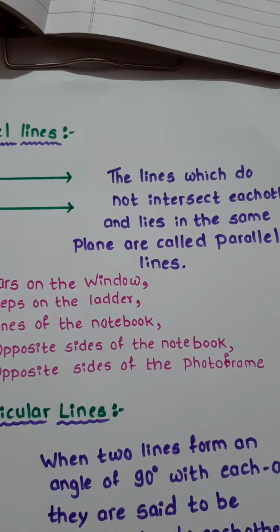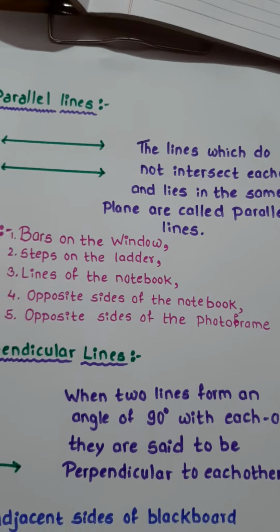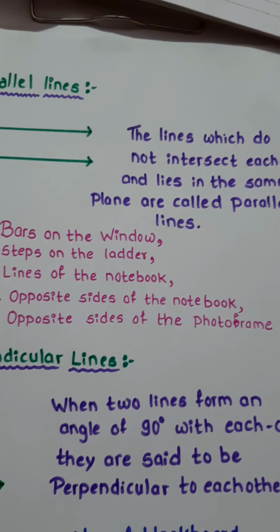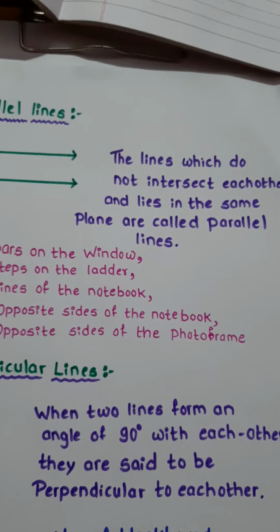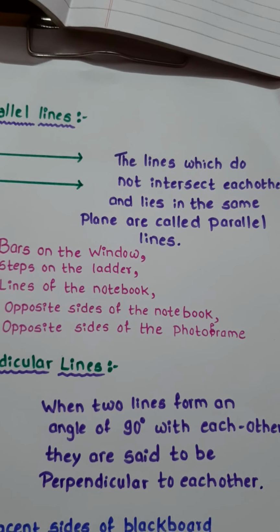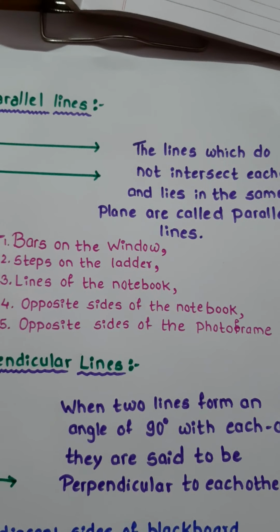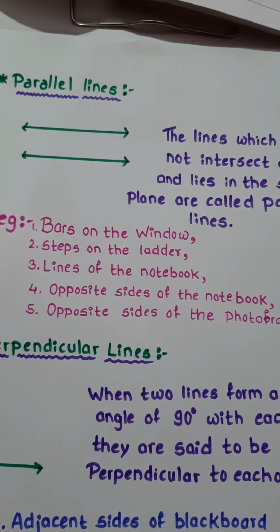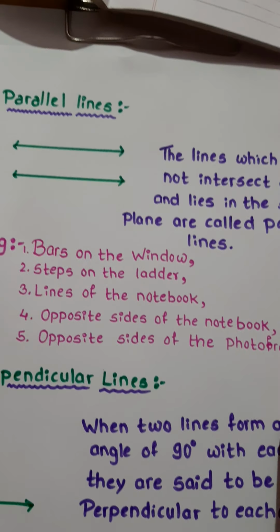Any flat surface. For example, page of the notebook, your blackboard, these all are called planes. So, which two conditions are there for the lines to be parallel? They should not intersect each other, and similarly they should be in the same plane. So here are some examples of parallel lines.